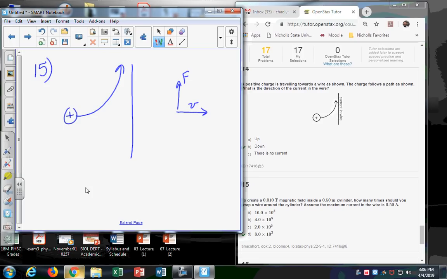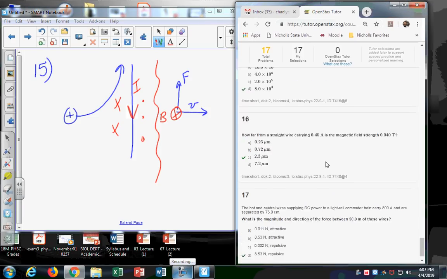So my magnetic field here is into the page, and that means magnetic field into the page, out of the page on this wire. In order to get that, what's that? A down current. So my current is down on that one. Okay, we good? All good? You can stop me if not.